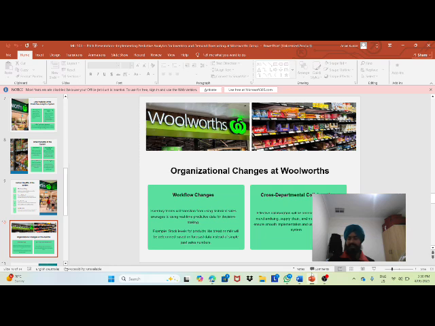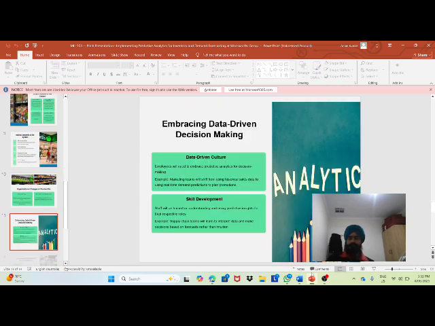So it's very helpful for the workflow changes. Cross departmental collaboration: effective collaboration is necessary between the IT, merchandising, supply chain, and marketing teams to ensure smooth implementation and use of the predictive system. So it's important for departmental collaboration.